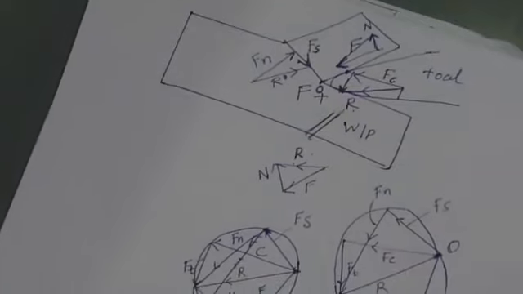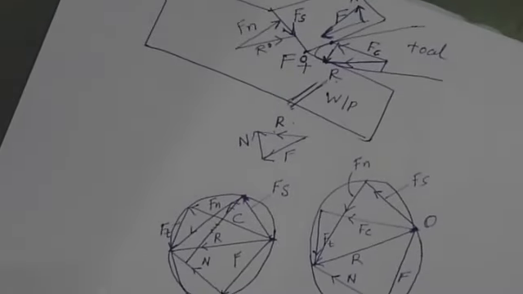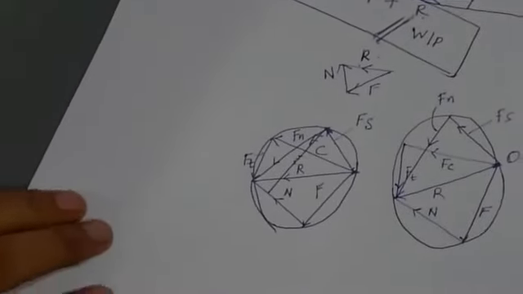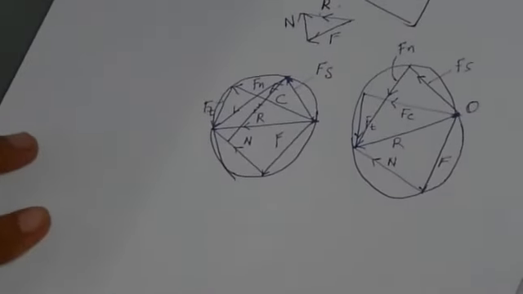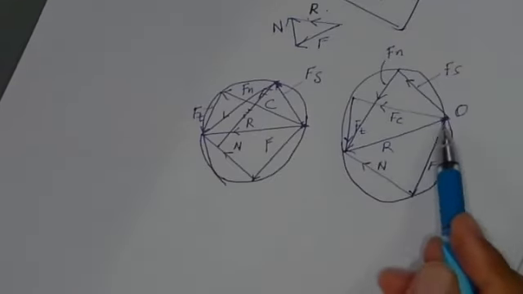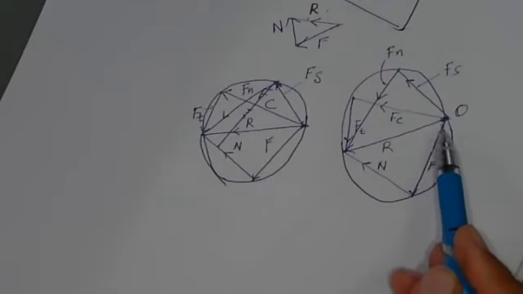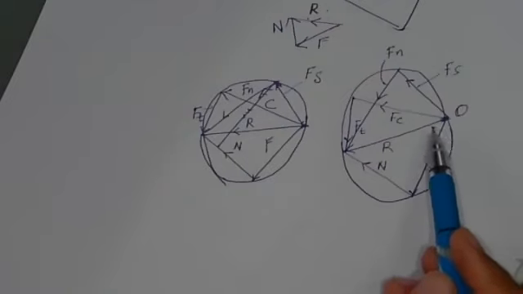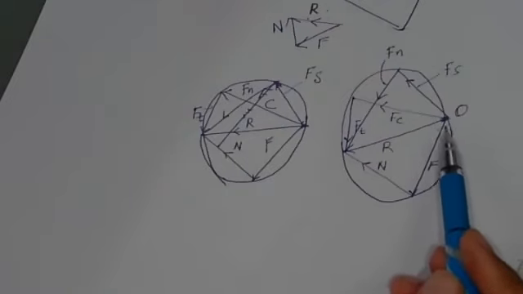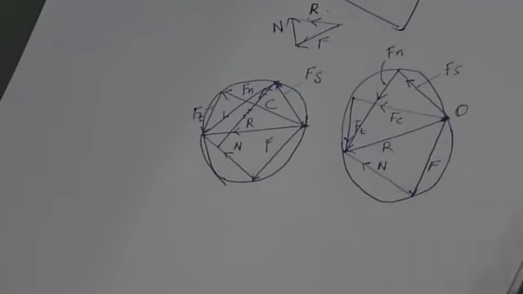By using this Merchant circle, you can determine the direction of forces and the extent of forces. You can also measure various forces if you know the value of R, or if you know the values of Fc and Ft, then with the help of the resultant of both, you can draw the Merchant circle.